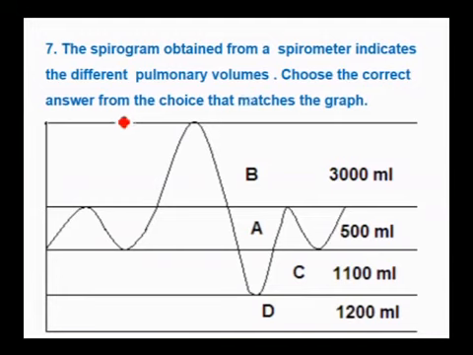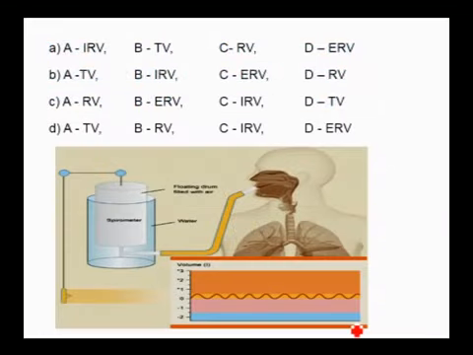Choose the correct answer from the choices that matches the graph. 500 ml, half a liter, during normal breathing is the air that we take in and breathe out. This is inspiratory reserve volume, this is expiratory reserve volume, and this is the residual volume to keep the lungs inflated and not deflated. So, the answer is B.